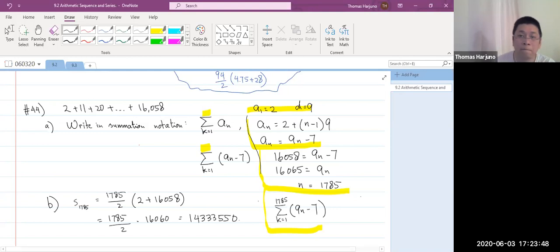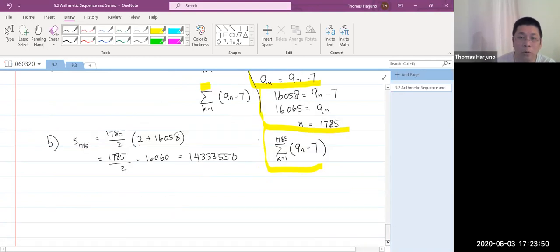Next one, before I go to something not really related to arithmetic, but it does. Number 50. Find the number of terms in the arithmetic sequence. So we know it is arithmetic. But what we know from that arithmetic sequence are only the following. We know that the sixth term is -3.